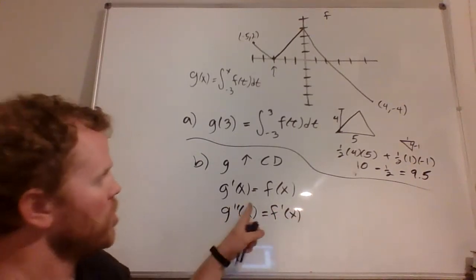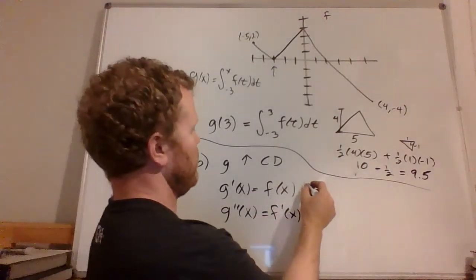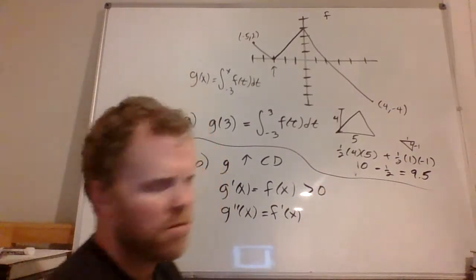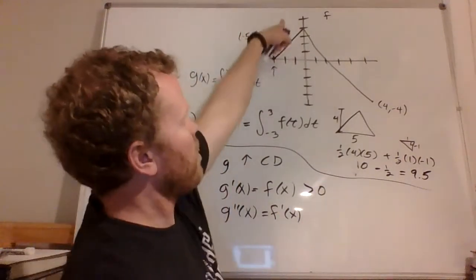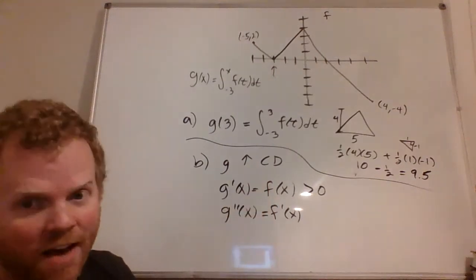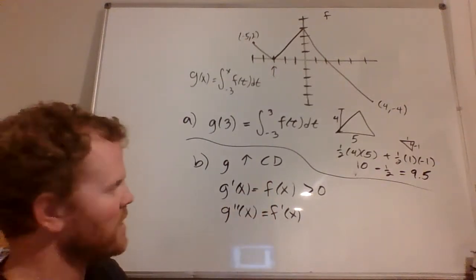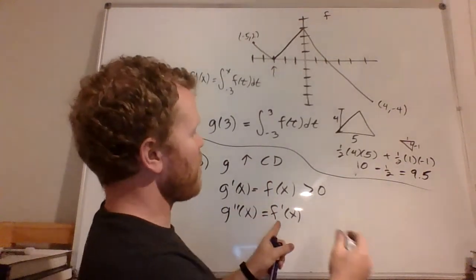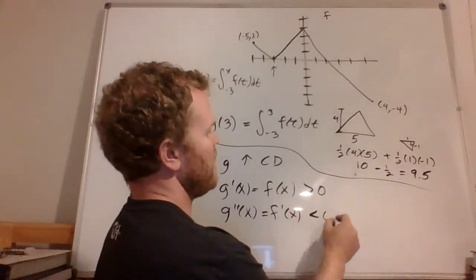And we're looking for g prime to be positive. So anywhere on this chunk, because g prime is f, and we need to be above the axis to be positive, and g double prime, aka f prime, to be negative.